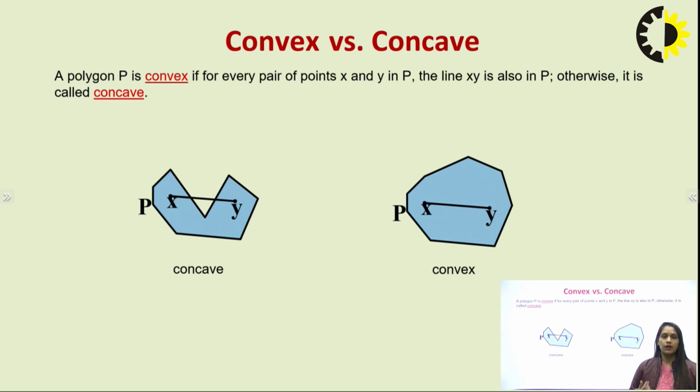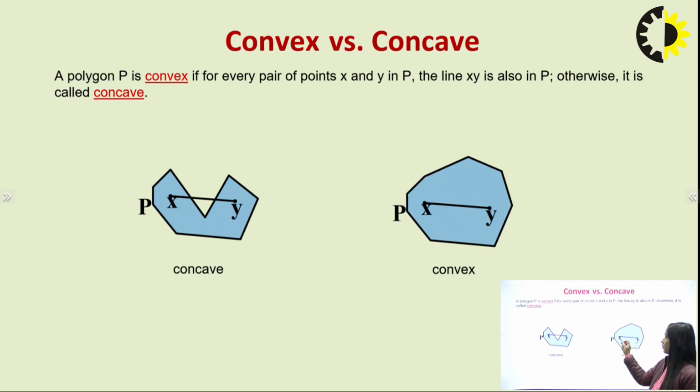We find the polygon from a plane where we have a lot of points, and we need to draw a polygon, right? A polygon P is convex if for every pair of points x and y in P, the line xy is also in P; otherwise it is called concave.